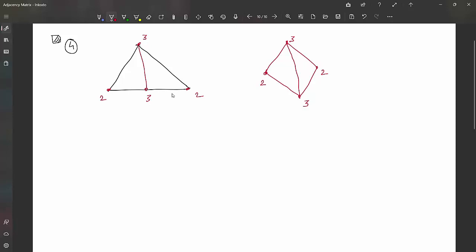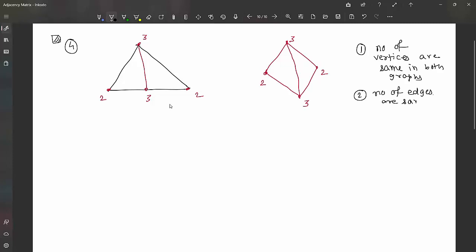So first we are writing the observations. Number 1, the number of vertices is the same in both graphs. Then number 2, the number of edges is the same in both graphs.